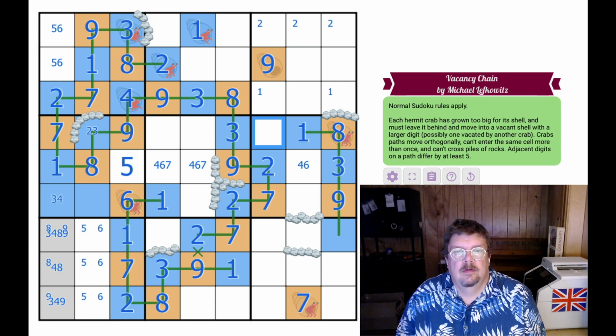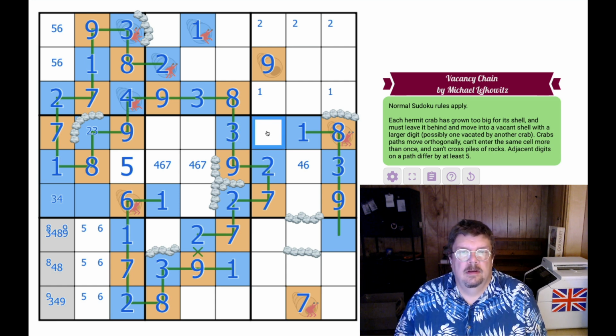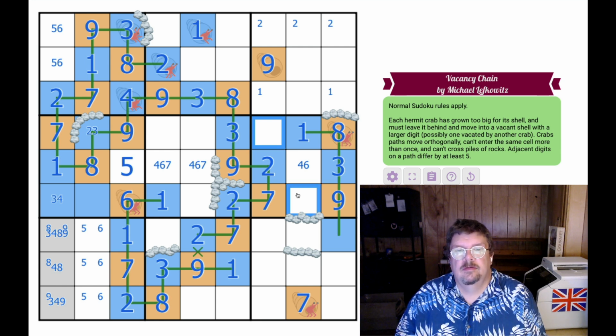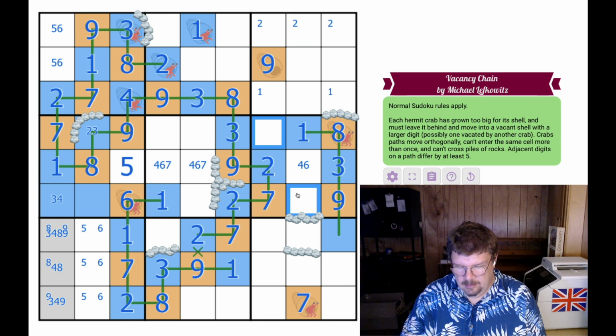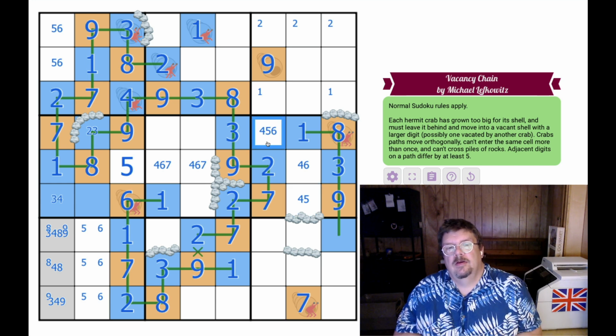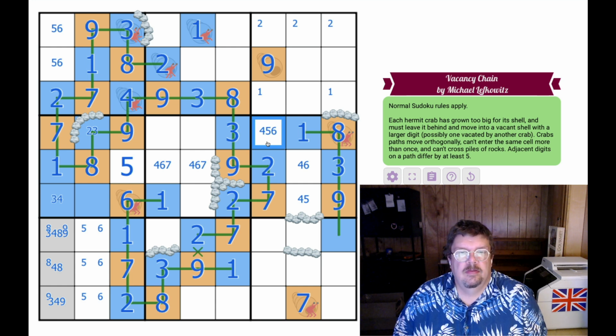That's not 1 anymore. Let's put in the remaining digits in this box. So it's 4, 5, and 6. That's not a 6. Okay. That could still be on the par.